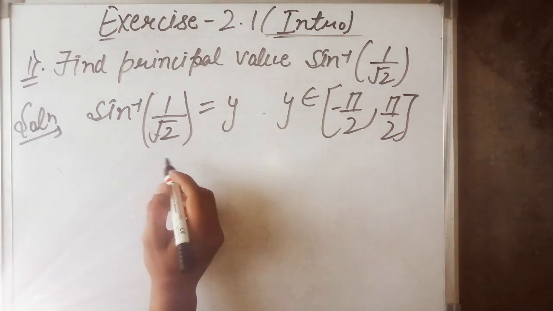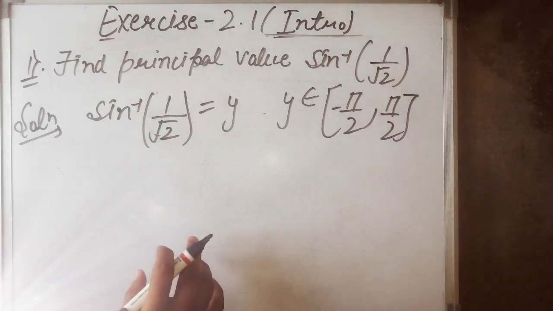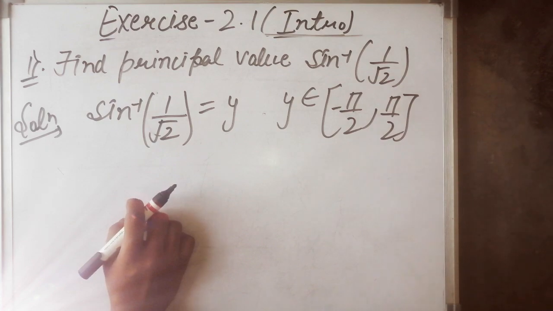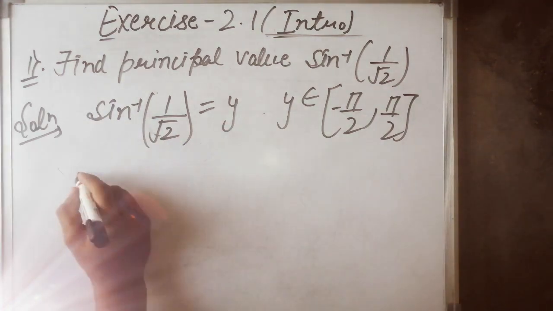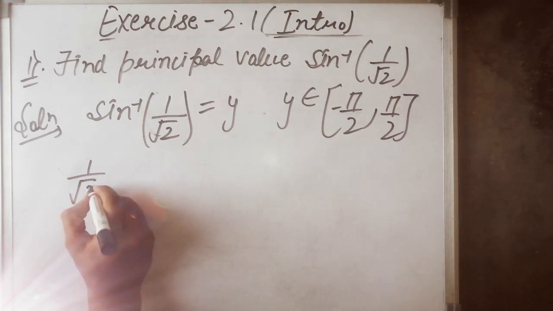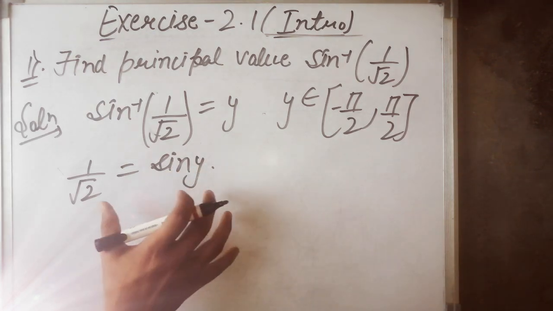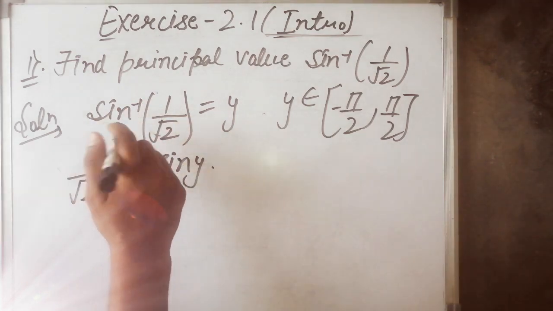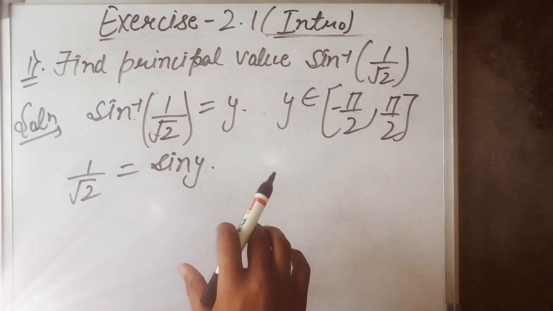Let's have a look at the next step. Taking the sine inverse to the other side, we have 1 by under root 2 equals sine y. What I have done is taken the sine inverse to the other side. From here we get sine y.